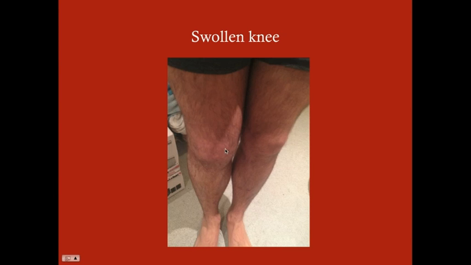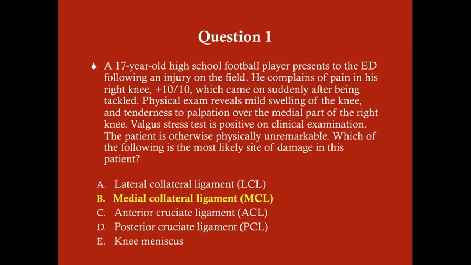It looks like on this patient the right knee is swollen, so you'd want to palpate around the medial joint line, and then along the lateral joint line. The medial joint line corresponds to the MCL. The lateral joint line corresponds to the LCL. Now that's not a really specific test, but it does point towards where the damage is.